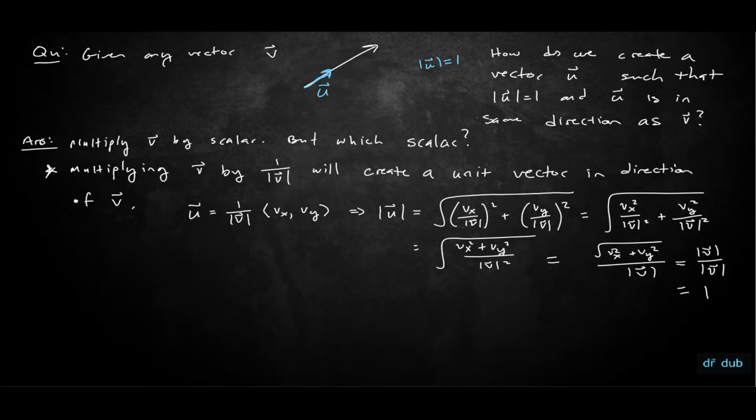So dividing a vector by its magnitude creates a unit vector in the same direction.